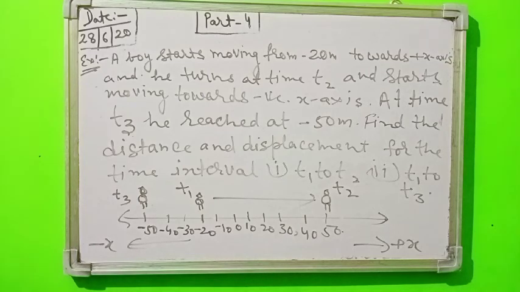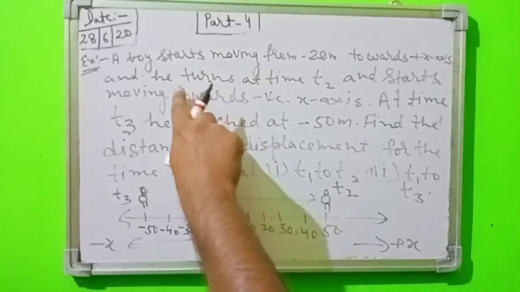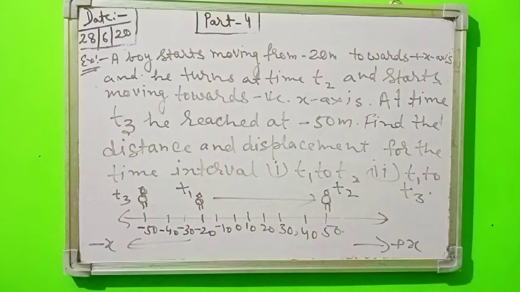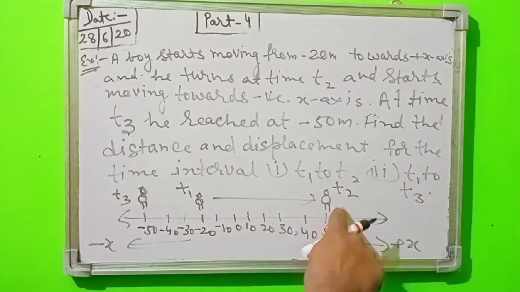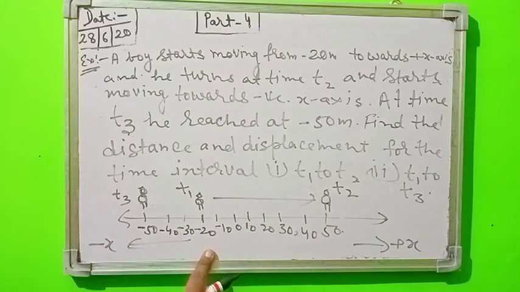The final position is 50 and the initial is -20, so 50 minus 20, that is 50 plus 20, equal to 70 meter.